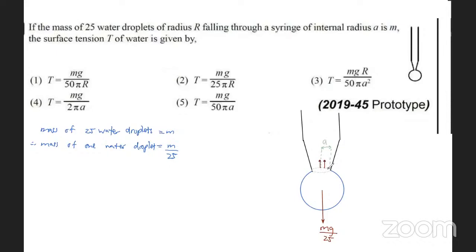Contact angle is not given, so we can assume the force acts along the wall of the syringe upwards. I'll take that as F. Can you describe this F? This F is the upward force created by surface tension.